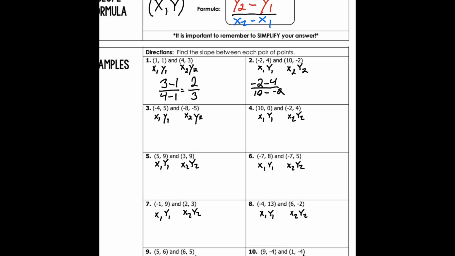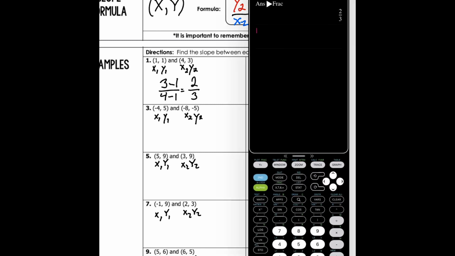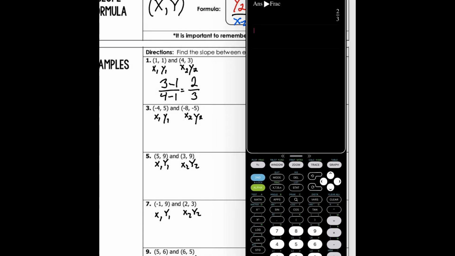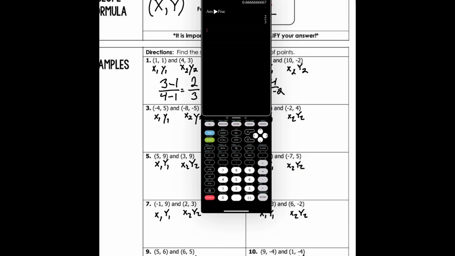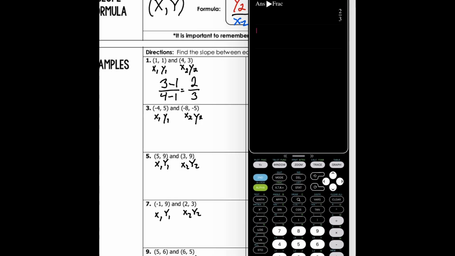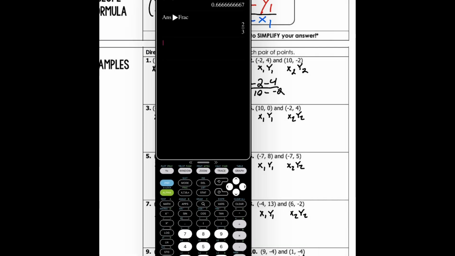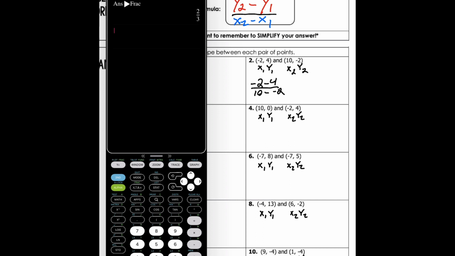I'm going to pull up my calculator one more time for this one. Let's see, can we put it on the other side? Okay, perfect.